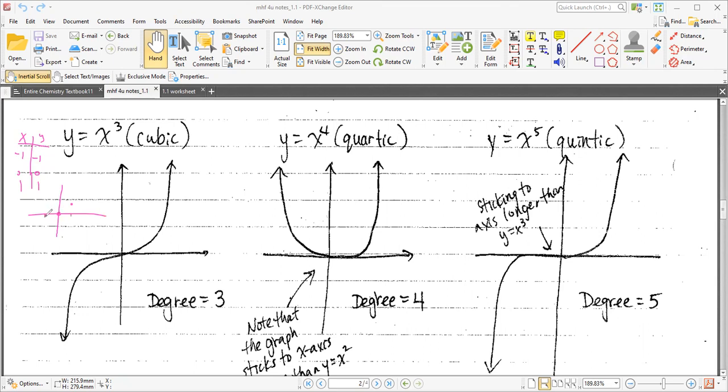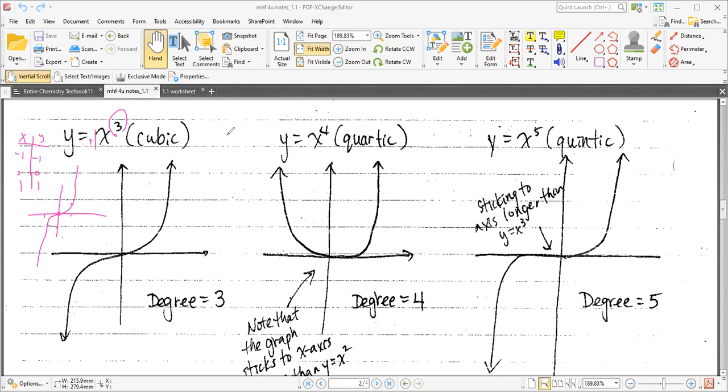It's not going to be a straight line. Cubic is curved. Remember, it is curved up here, and curved down here. So this is cubic. The highest power is 3, so the degree is 3, and the leading coefficient is +1. That's positive.